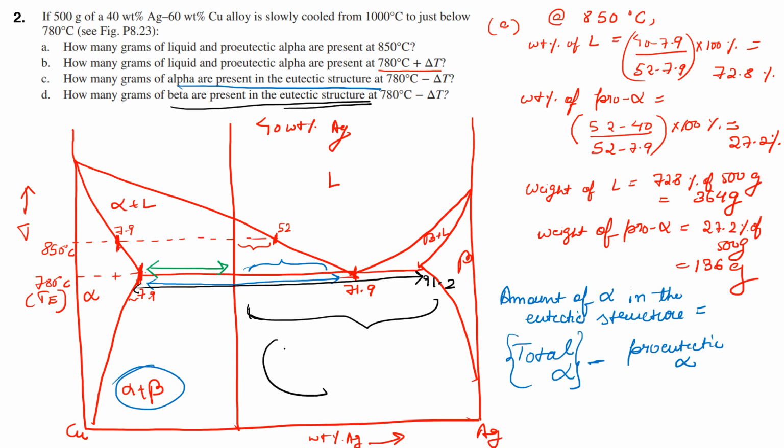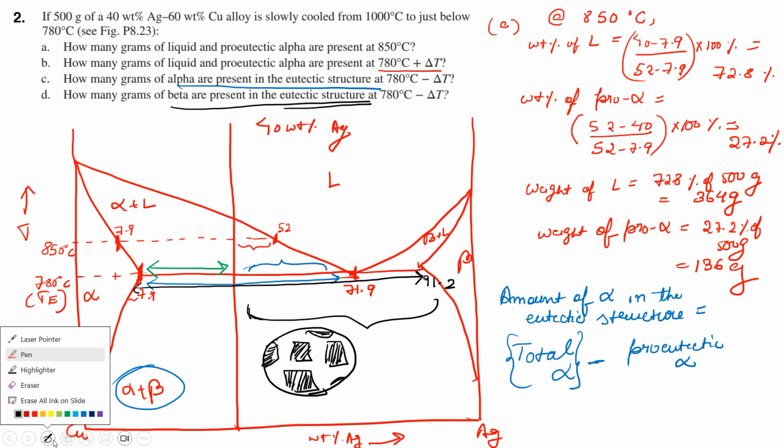Because the microstructure is something like this. So we have proeutectic alpha, and around these regions of proeutectic alpha, we'll have lamellar structures of alpha plus beta.